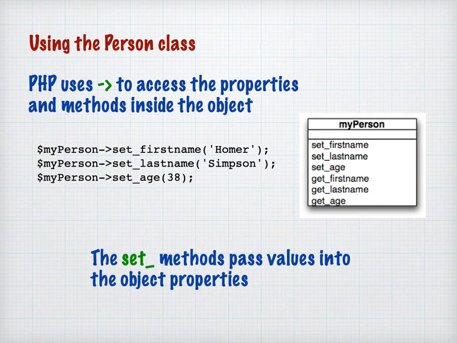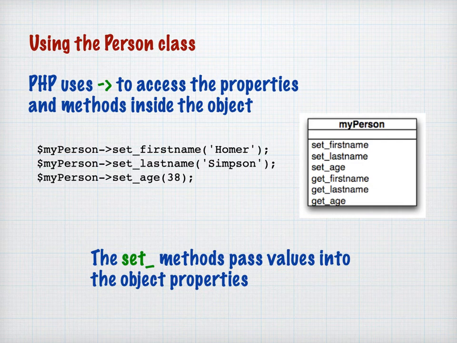So we go set first name, and then in brackets, we pass in a piece of data, and that piece of data is obviously going to be the first name. In this case, I'm just going to use the word Homer. And then we've got set last name, and we're going to pass in the piece of data Simpson, and we're going to go set age and 38.